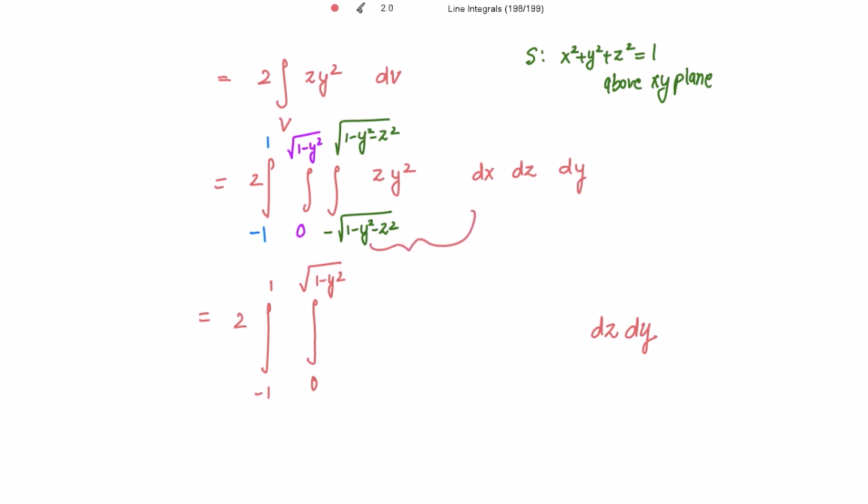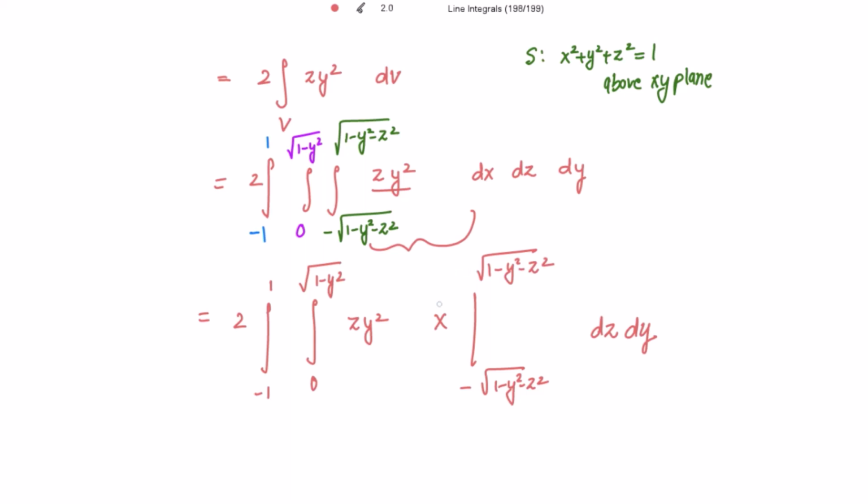Because this integral is with respect to x, y square and z are constant, so I am taking this outside and integrating 1 with respect to x. That gives x, with limits minus square root of 1 minus y square minus z square and square root of 1 minus y square minus z square.